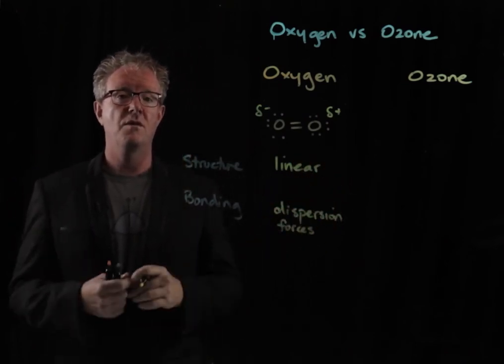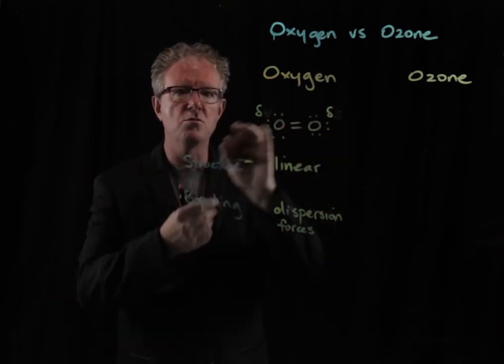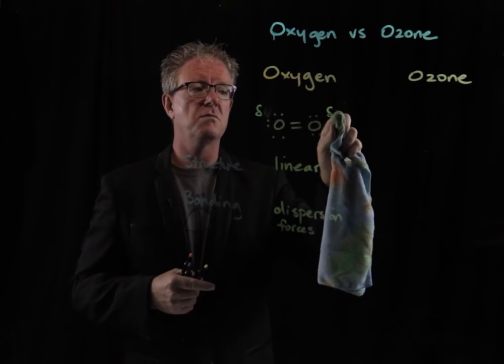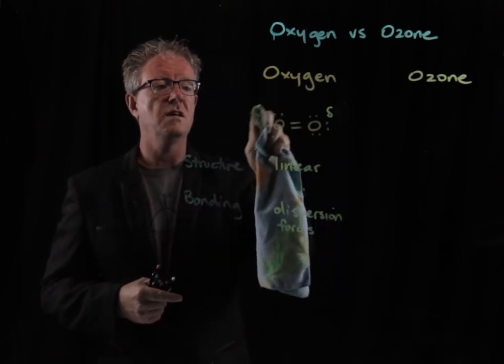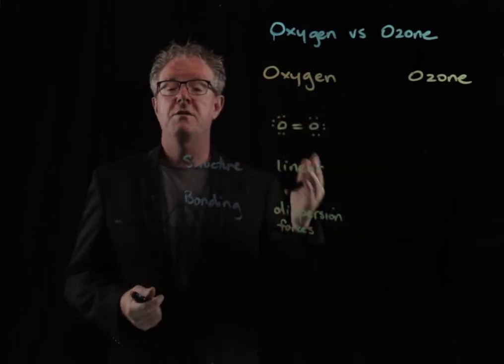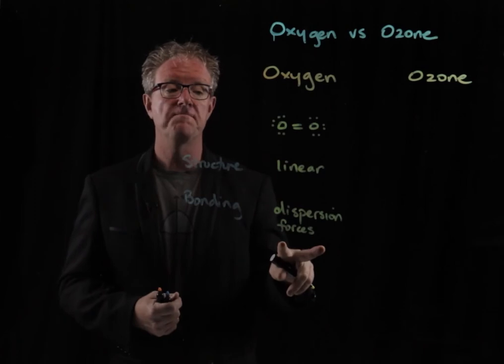It only happens very, very quickly, and then it disappears, because the electrons are moving around. And of course you can have the reverse happening, where we have a delta minus over here and a delta positive over here. So dispersion forces are a temporary, transient force, and so they're very, very weak.